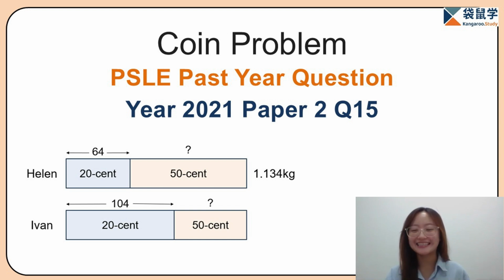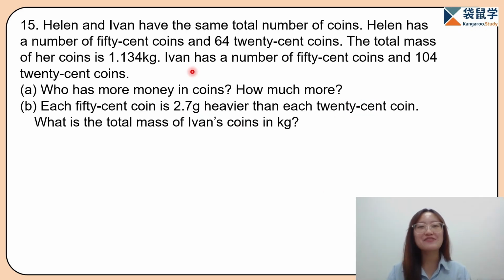So let's begin. Helen and Ivan have the same total number of coins. Same is the key word, so let's underline. Helen has a number of 50-cent coins and 64 20-cent coins. We are given an exact value, so let's underline as well. The total mass of the coins is 1.134 kilograms.